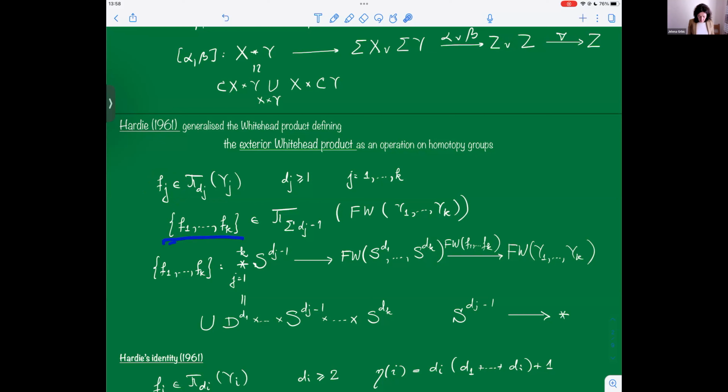exterior Whitehead product, so it depends in this case on k inputs, as an element of the homotopy groups of the fat wedge of these codomains Y_1 to Y_k.